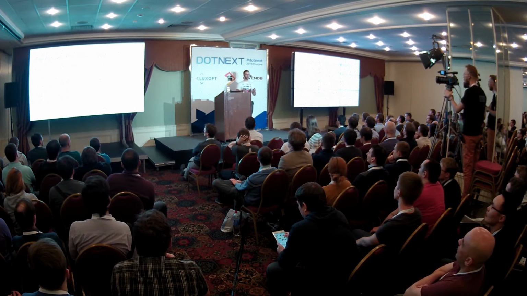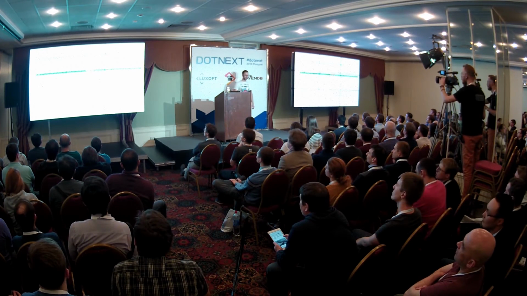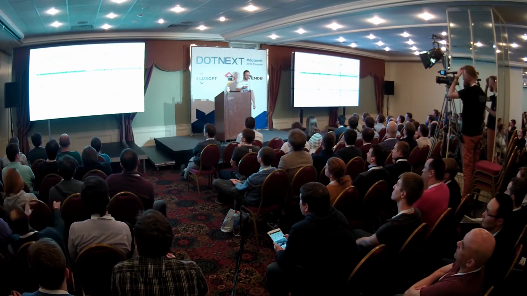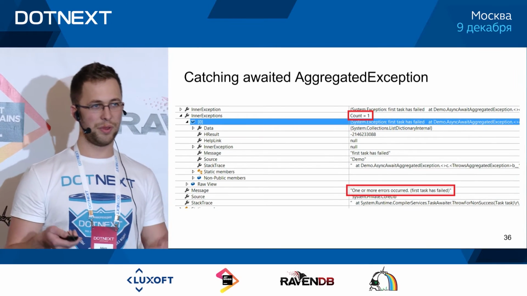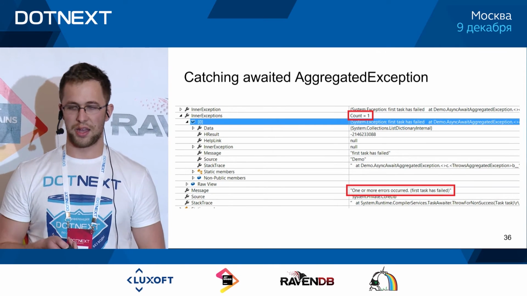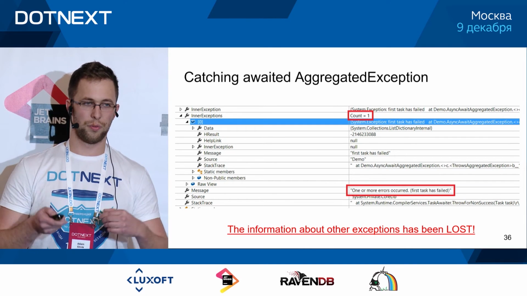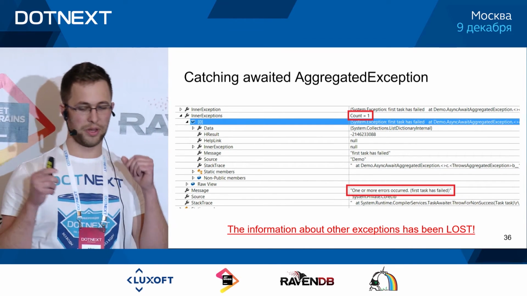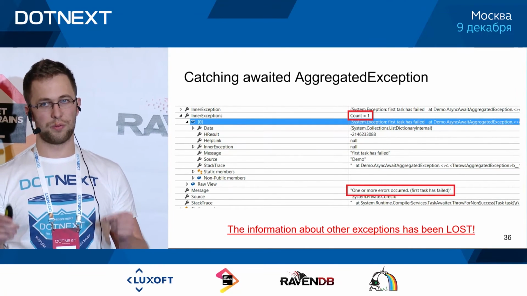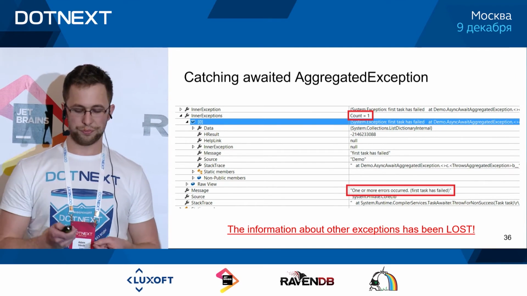Yeah, we would like to get all of them, but what we get is an AggregateException with the first exception inside. This is the limitation of the asynchronous state machine implementation for today. And if we want to handle these exceptions, we need to take one step back. But it's very important because it was a silent error, because we just lost the information about the exceptions.